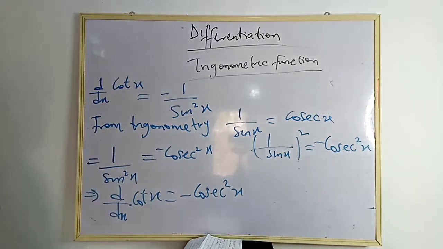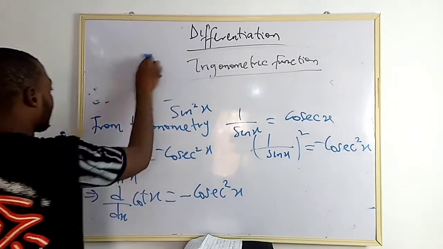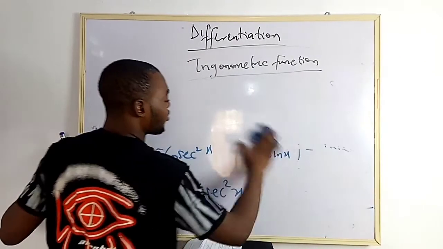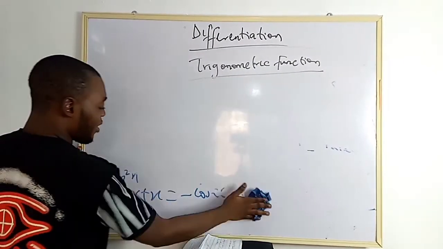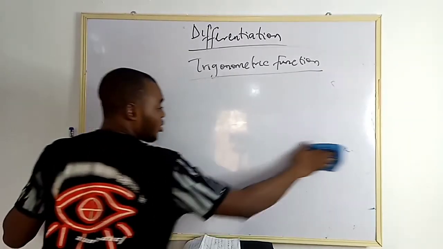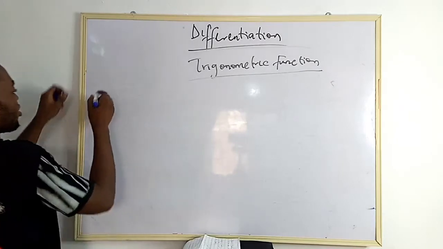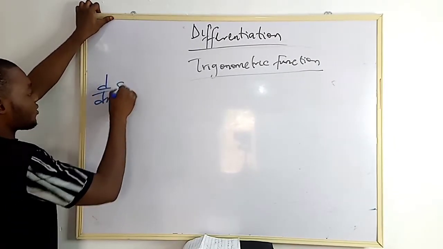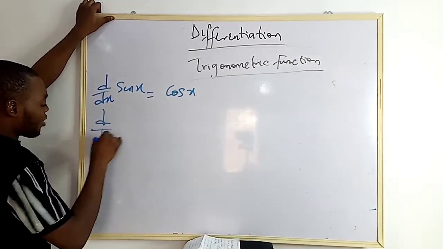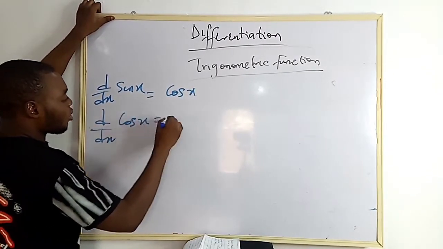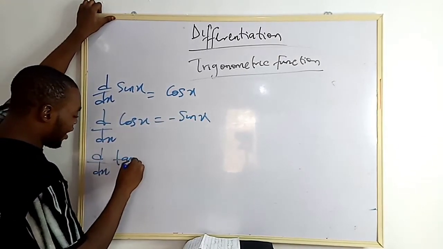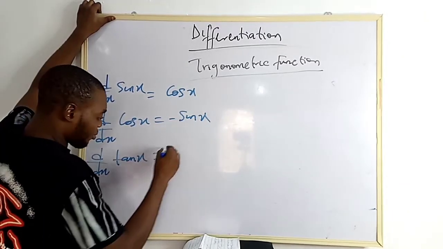So from this class, what we've been able to solve, a summary of the derivatives is what I want to write now. Summary of the derivatives: d/dx of sine x, that is the derivative of sine x, equals cos x. d/dx of cos x equals minus sine x. d/dx of tan x equals what?